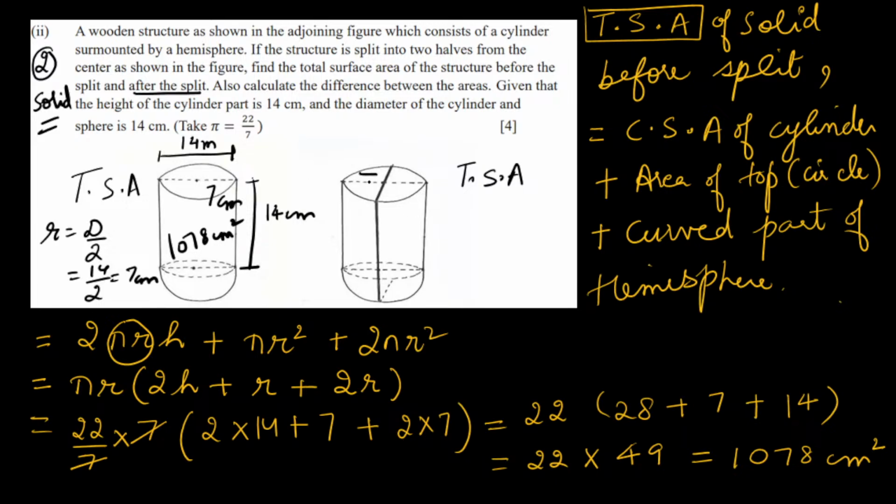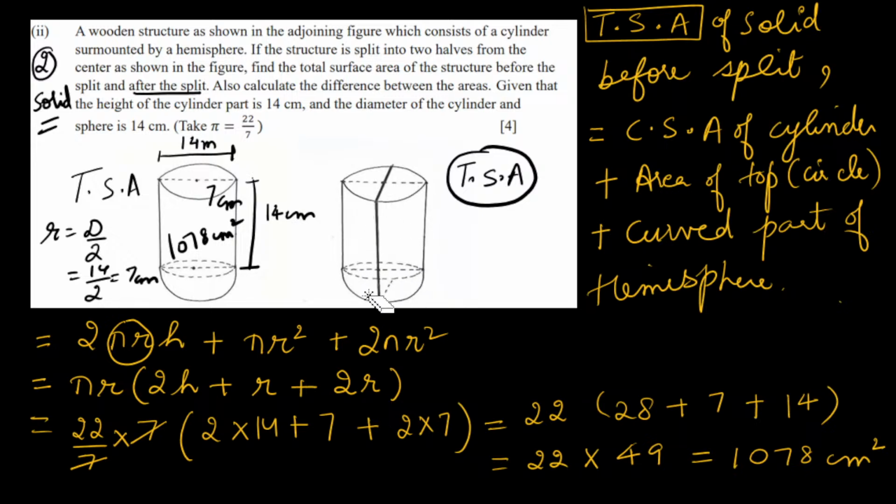Okay, first of all this top half circle will be there, so this half cylinder will be there, total surface area after the split. Then here also half hemispherical part will be there, so that means first of all the total surface area of one part will become half of this, same will be the total surface area of this part.